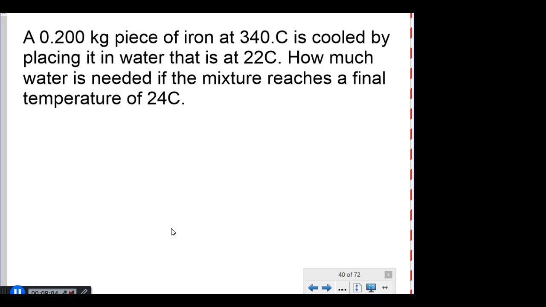Okay, so this is a medieval example. They would have a bucket of water beside the forge in the blacksmith shop.